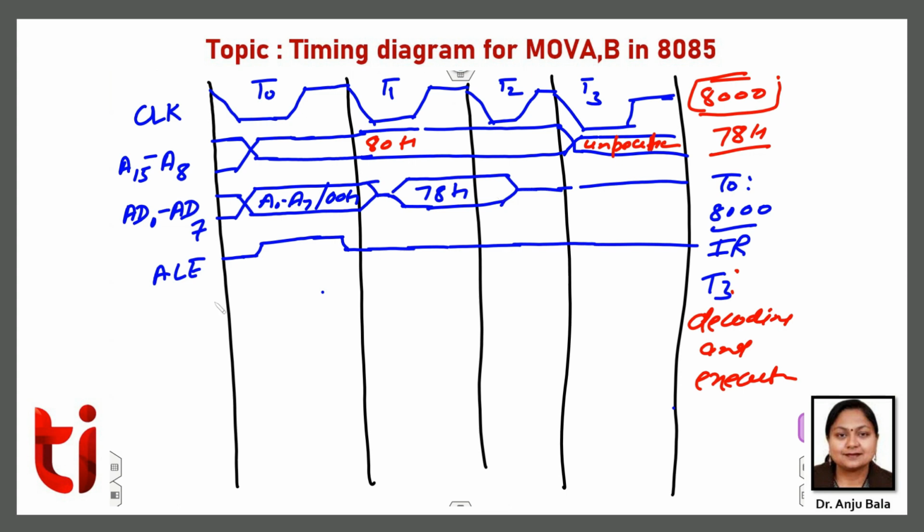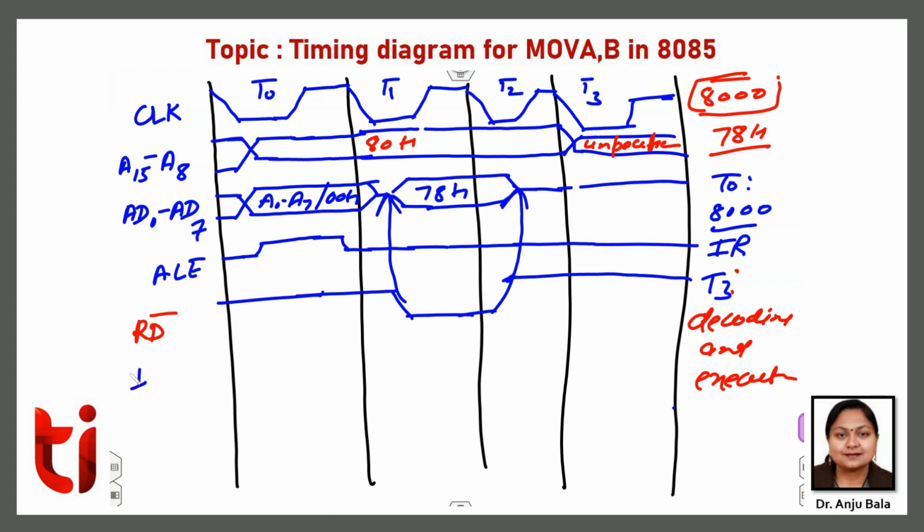Then after that, it also depends upon the read signal, and the read signal should be 0 when you need to fetch the opcode. So for this case, it should be 0. At this time, actually, the opcode would be fetched.